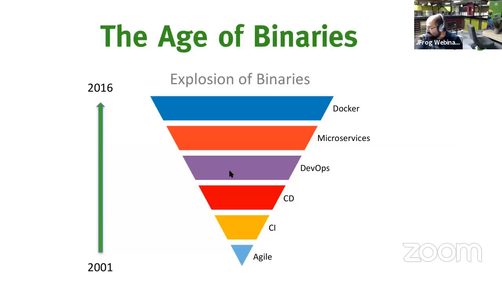And then microservices, which means the more binaries you have, generally the better, because now you have a lot of small services, and every one of them is an artifact by itself. And of course, Docker nailed it, when every smallest change in your Dockerfile generates a new layer, generates a new binary, which means every line of code generates a new binary.